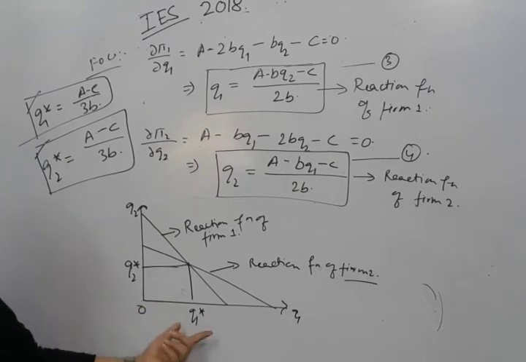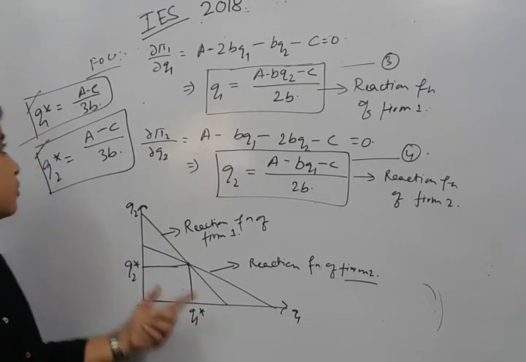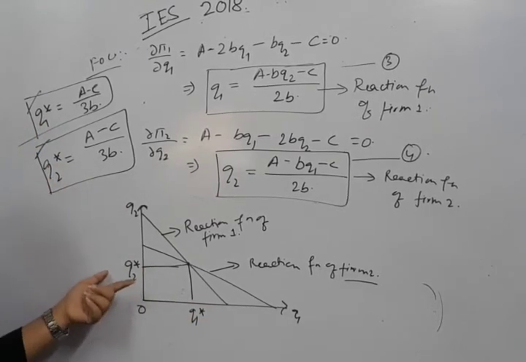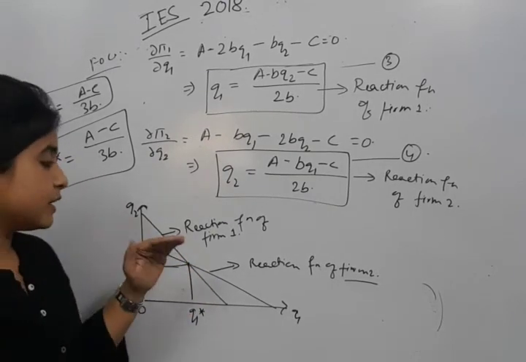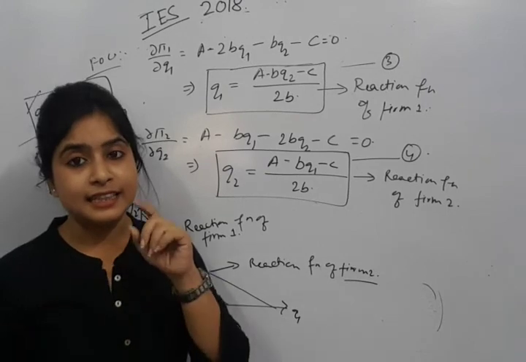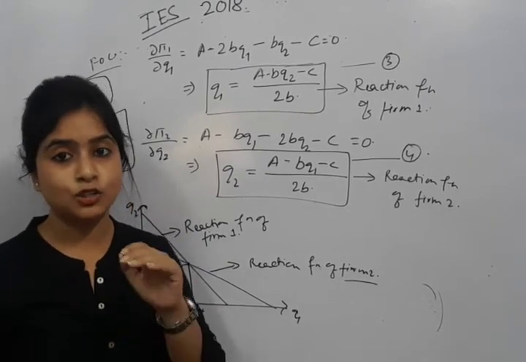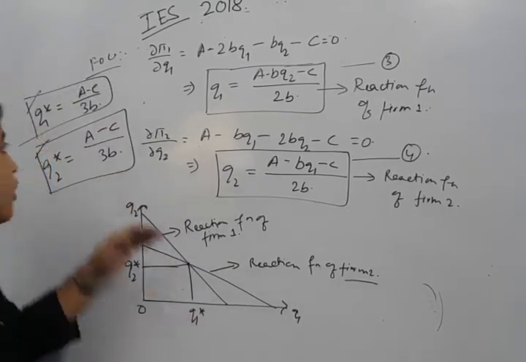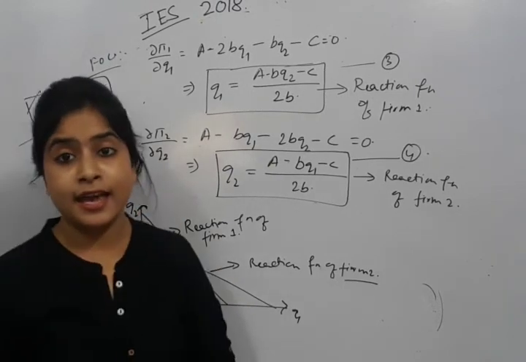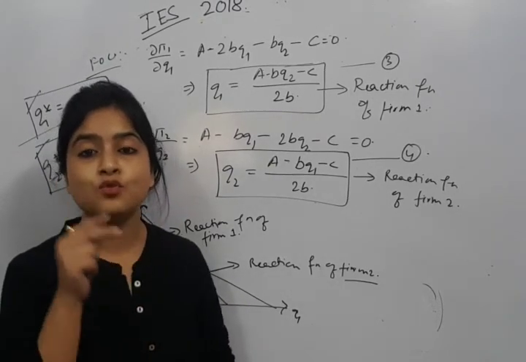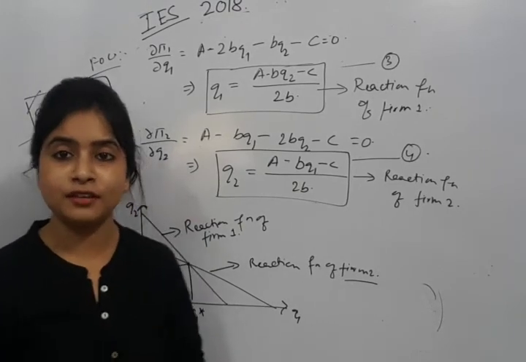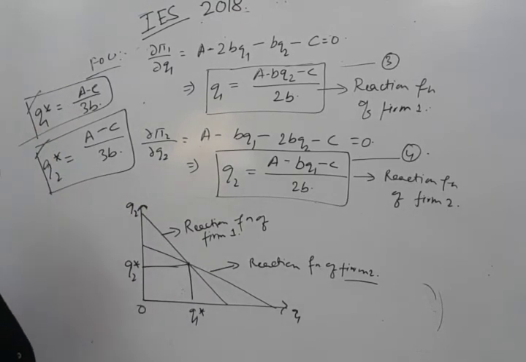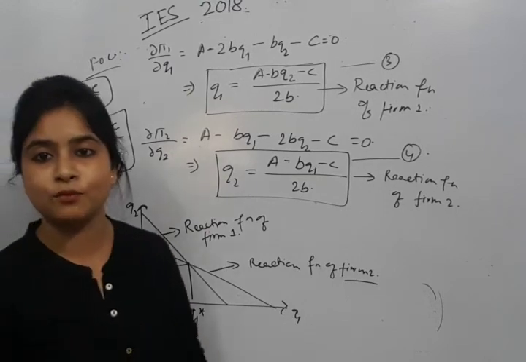Farm 1 is choosing this Q1 star, the value is over here, and Q2 star for farm 2. In this case, we are already finding that both the farms are choosing the same level of output. Hence we can say that this Cournot output is nothing but the Nash equilibrium of the game, but here the game is again in a Cournot framework.